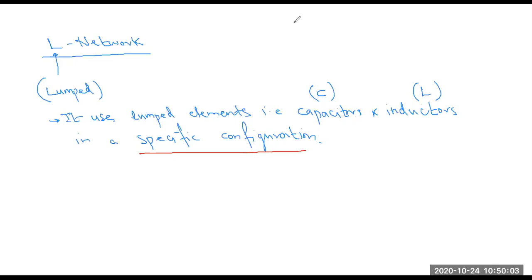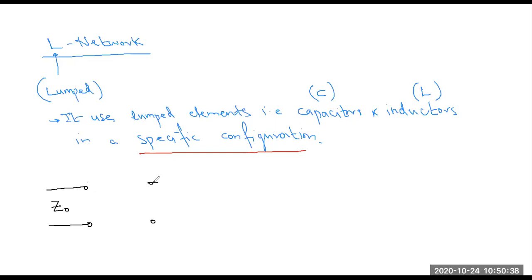So what are the two possible configurations? Let me draw them and then we will find which configuration will be used in a particular case. So let's assume that this is our main transmission line with a characteristic impedance Z0, and we want to connect this transmission line to a load, but that load is not matched.